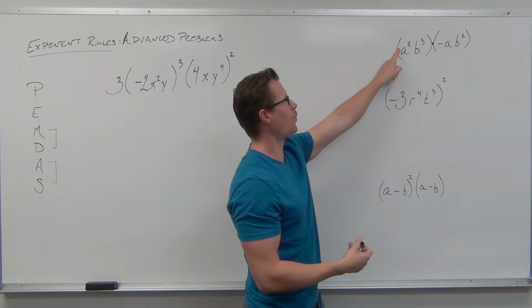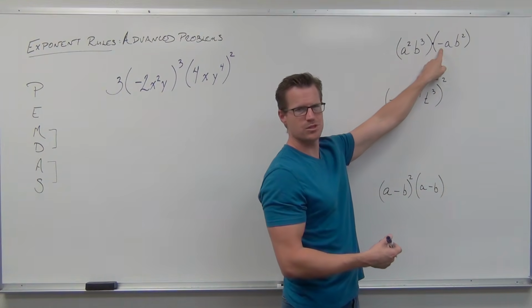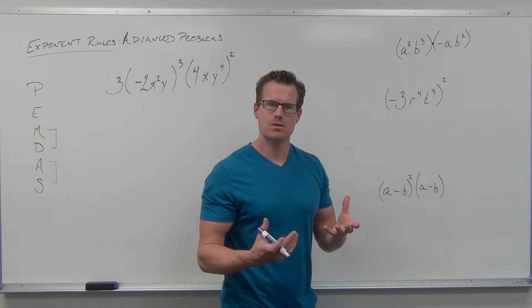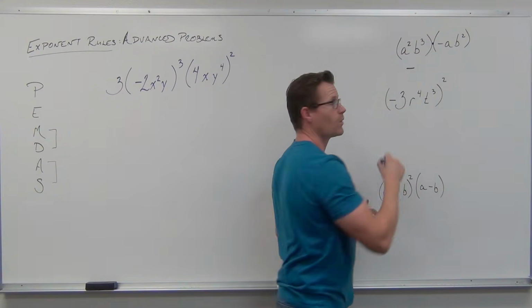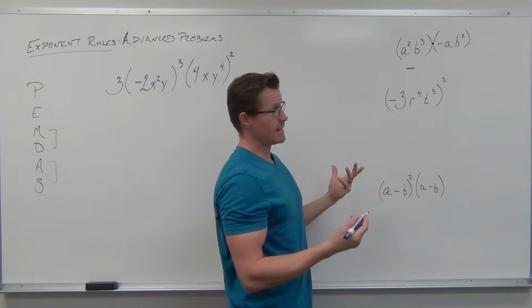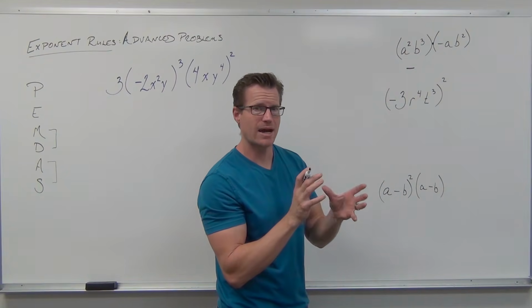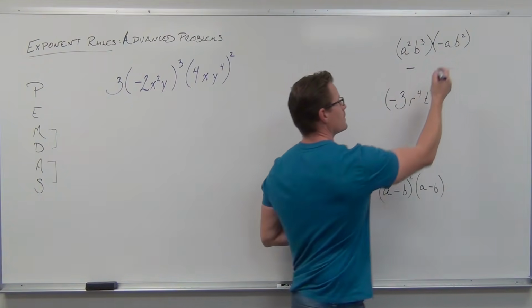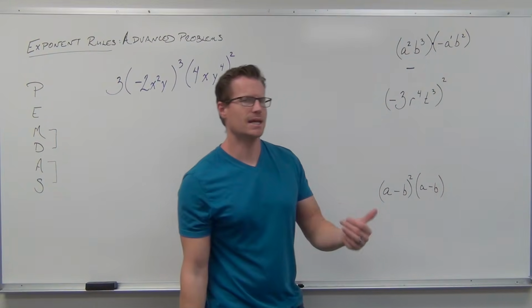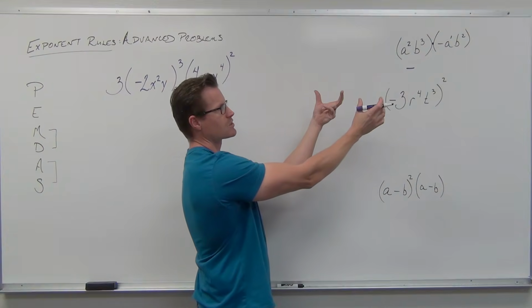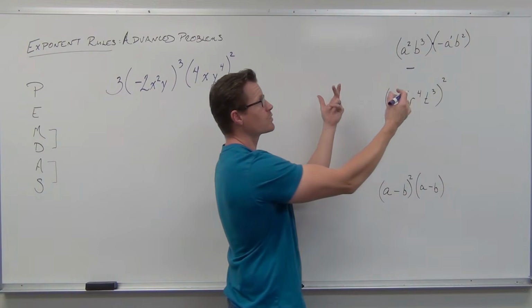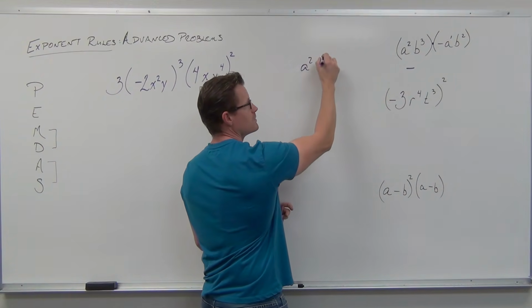Our coefficients are 1 and -1. So when we multiply, you can still do the multiplication like you normally would. 1 times -1 is -1. I know our answer is going to be negative. It is very relevant to give every factor of common bases an exponent, so you don't forget it. So we have numbers times numbers is -1. A squared times A. And you could write all this out if you wanted to.